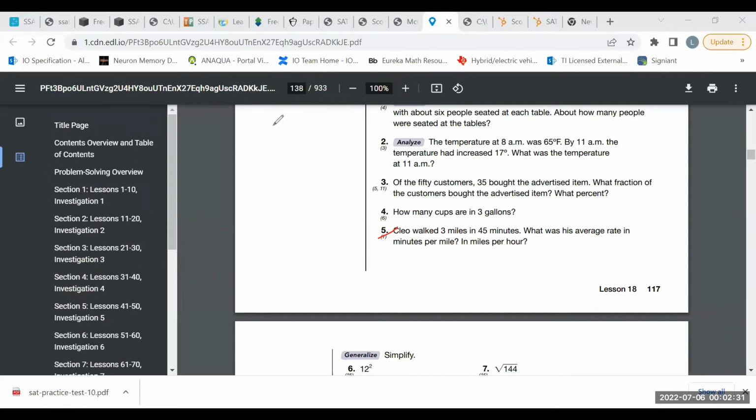15 minutes per mile and 4 miles per hour. Good. 4 miles per hour. Okay.